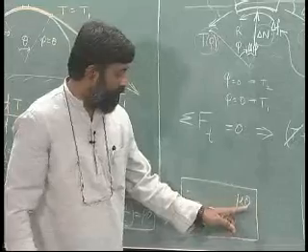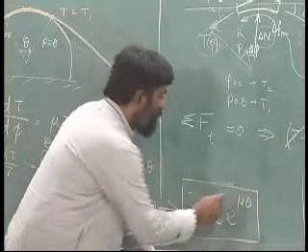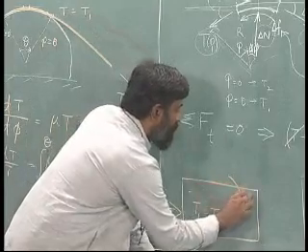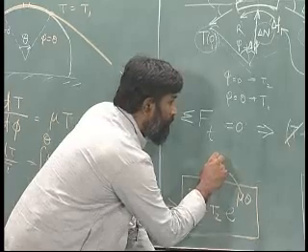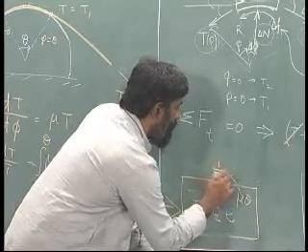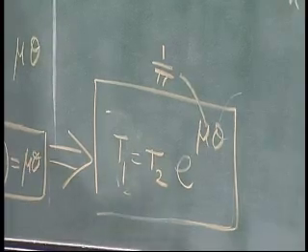Think of it like this, supposing mu is, let us give it say 1 by pi. 1 by pi is approximately around 0.3 or whatever.